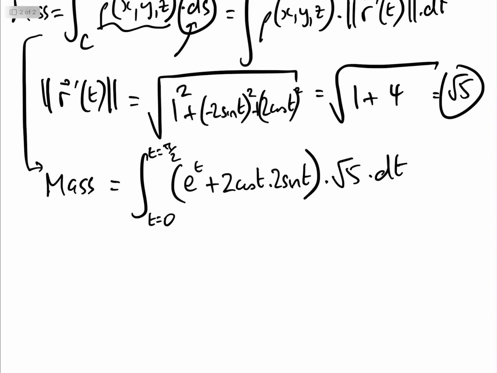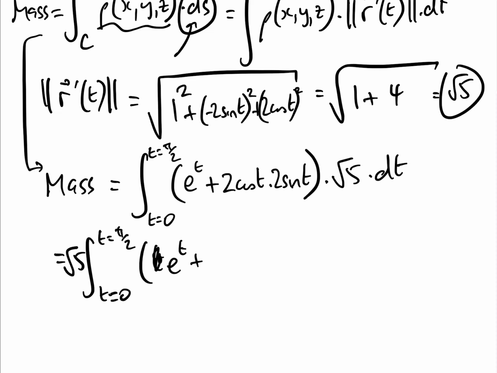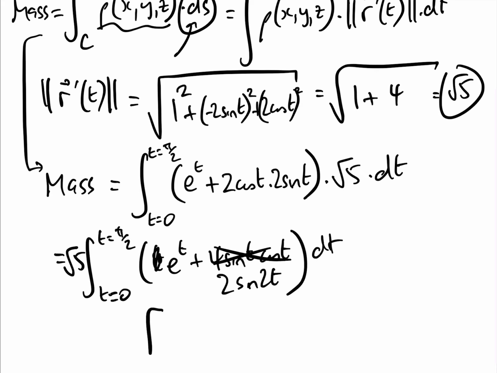All we need to do now is just tidy this up. So that equals the integral between t equals 0 and t equals pi over 2. We can take the root 5 out of e to the t add 4 sine t cos t, which is the same thing as 2 sine 2t, dt.